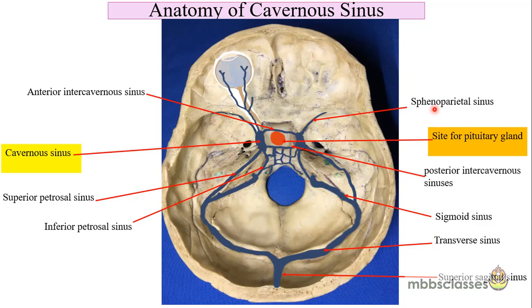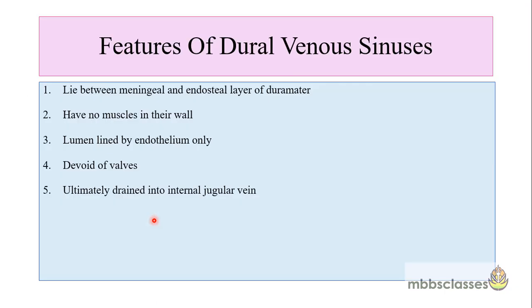Among the unpaired dural venous sinuses are the superior sagittal sinus, and the other intradural venous sinuses cannot be seen in the figure. As you can see here, this cavernous sinus is interlinked with the other intracranial dural venous sinuses. That is why it is of prime clinical importance. We'll see later.